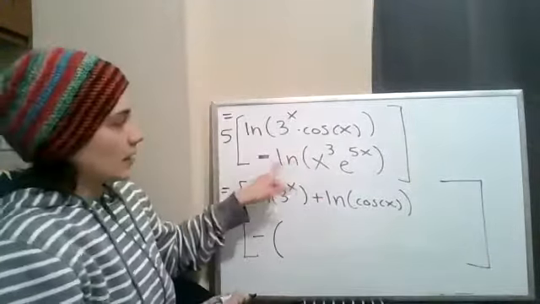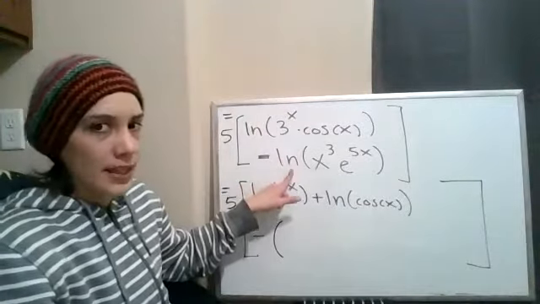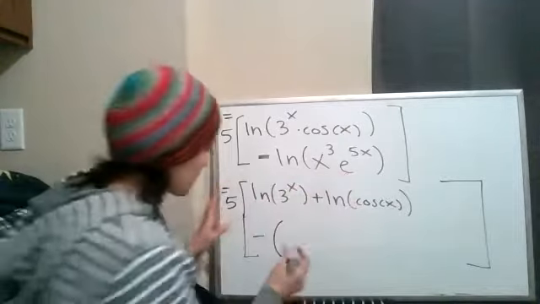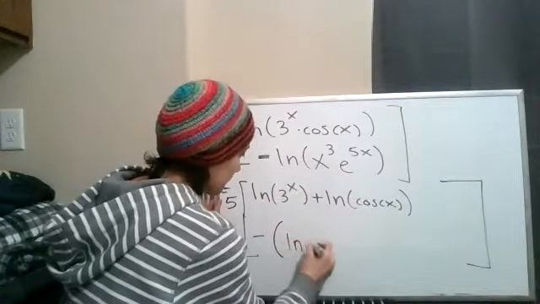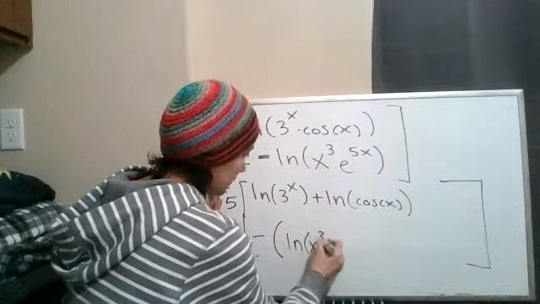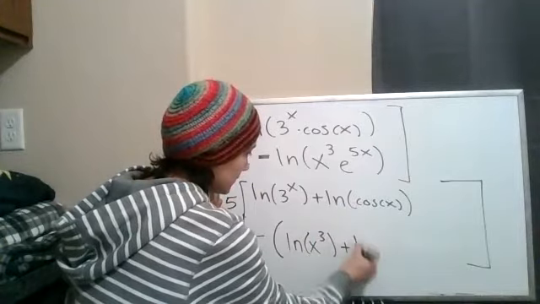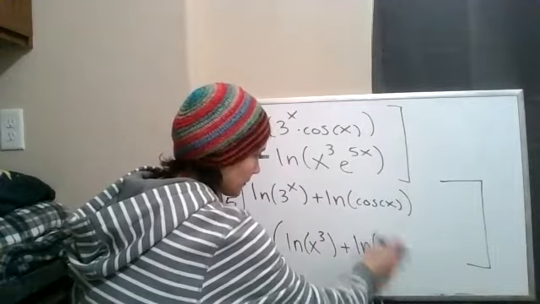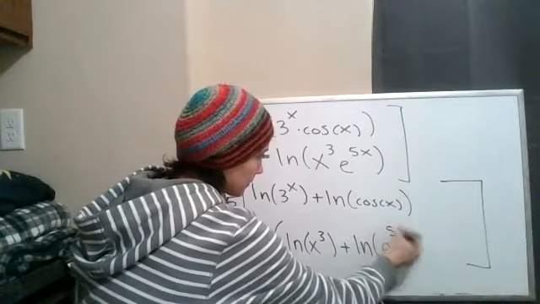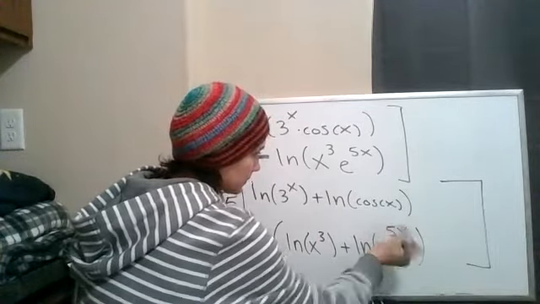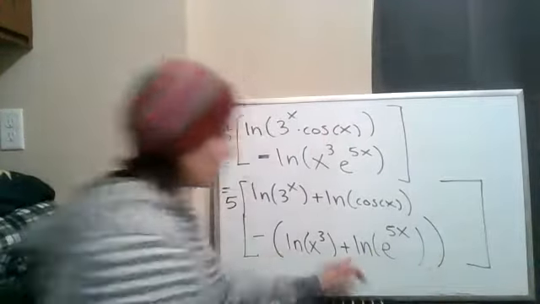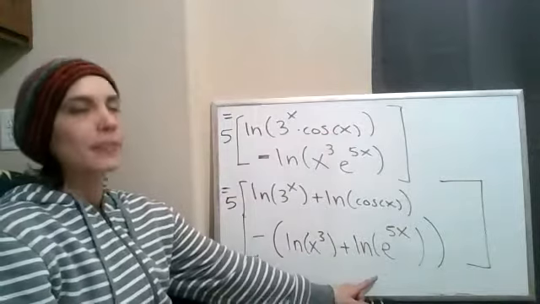So subtracting this part, which we're going to write as ln of x cubed plus ln of e to the 5x. And we're subtracting both of those terms.